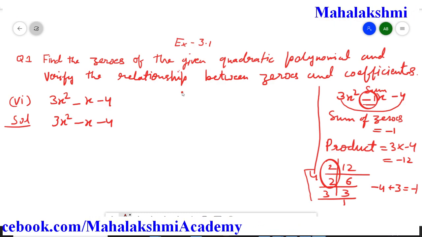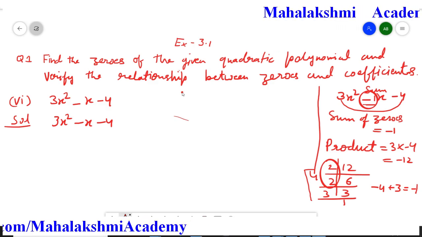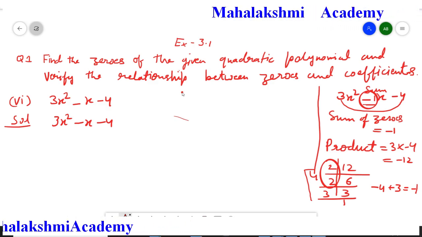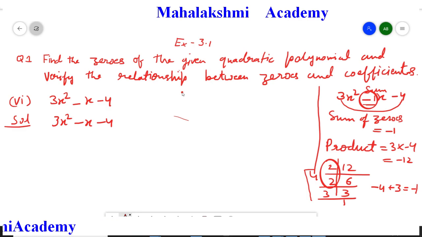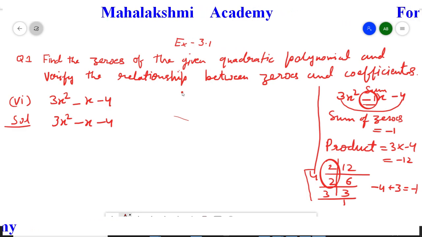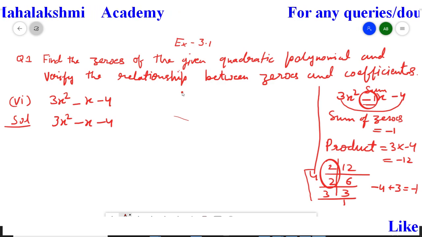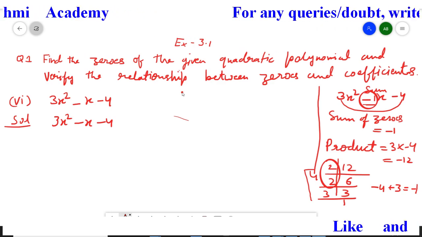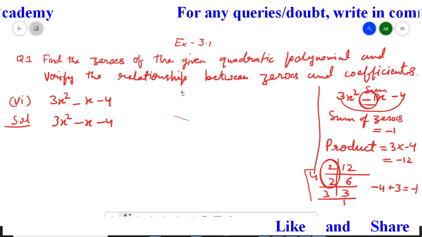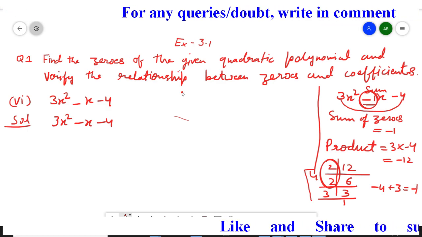Again I am repeating: whatever your polynomial is, write that polynomial down in the rough column, and the middle term's coefficient is known as the sum of zeros. Here nothing is there means 1 is there, so minus 1 is your sum of zeros. The product of zeros is the product of extremes, that is 3 multiplied by minus 4, which is minus 12.